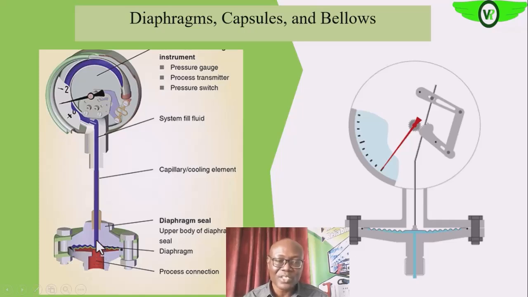So if it stretches, it moves up. Once it's collapsing, it moves down. That is what we are seeing here. So as the pressure is increasing, it stretches and moves up. As the pressure is reducing, it collapses and moves down.